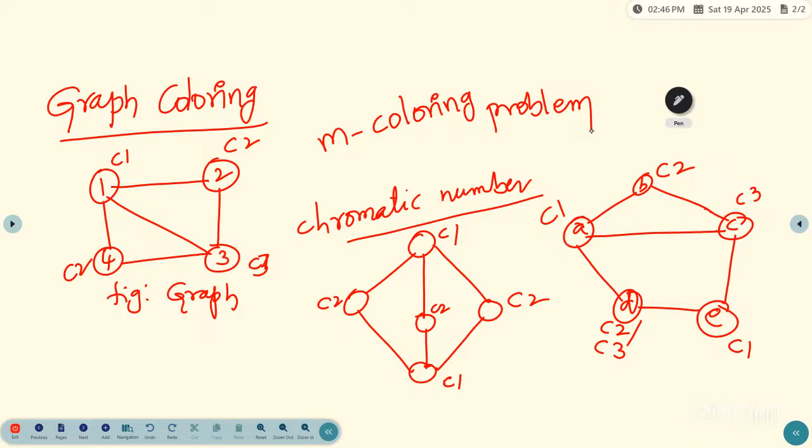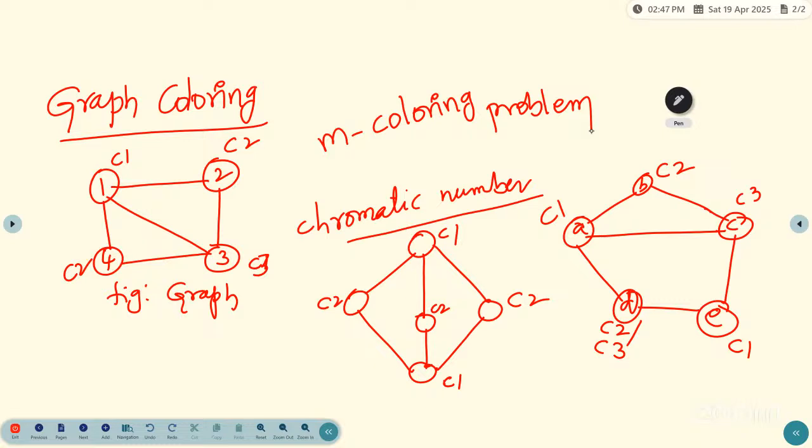Next point, write down the most important one.